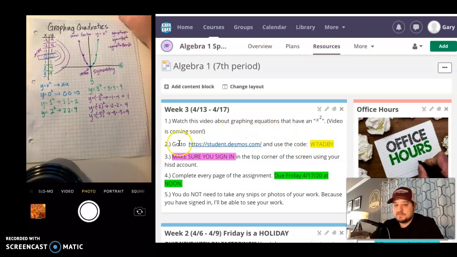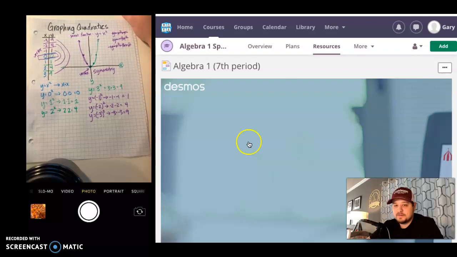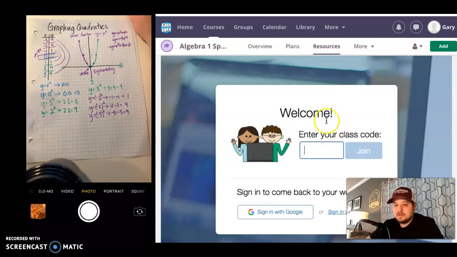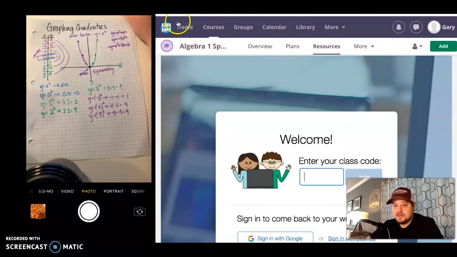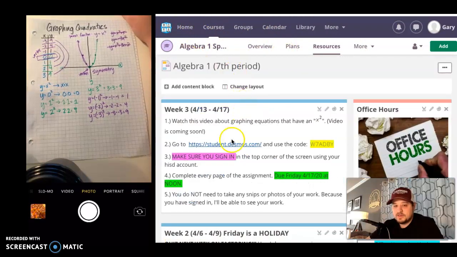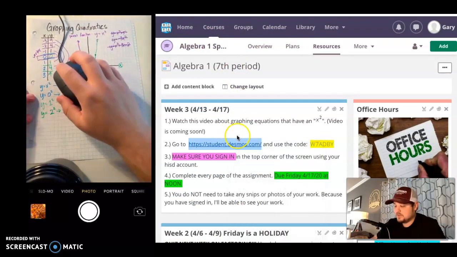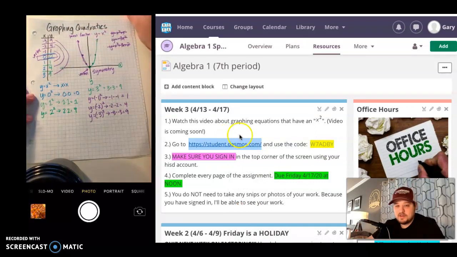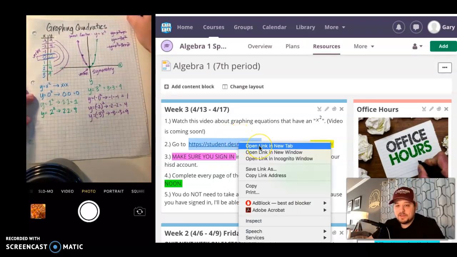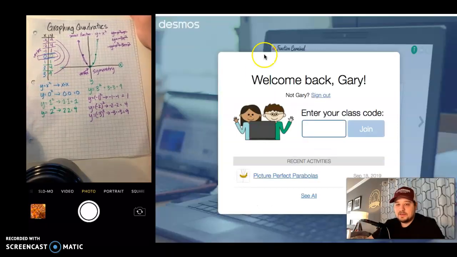Make sure you open up the hub page to get to that assignment. You're going to go to student.desmos.com. You can just click this link, and here's what's going to pop up. Now, y'all know it can be kind of weird to work inside the hub. So if you want to, you can right click on the link and say open link in new tab, and it'll open up in a new tab, and it's more clean.